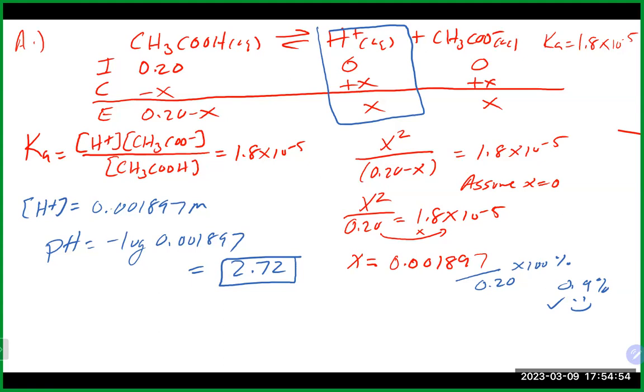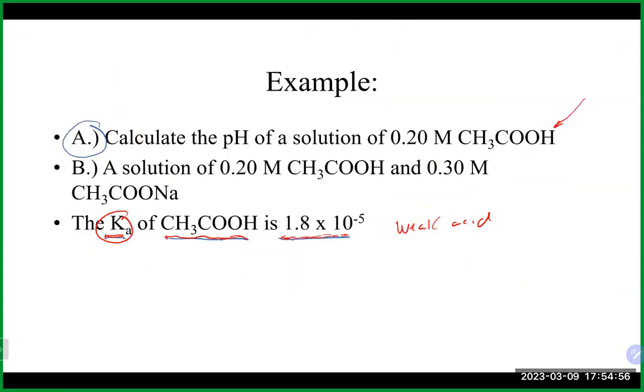But in addition to the acetic acid being in that solution, in part B, we're also going to have some sodium acetate. So as we saw a second ago, that sodium acetate will produce those two ions that we talked about, and that will give us the sodium ion and the acetate ion.